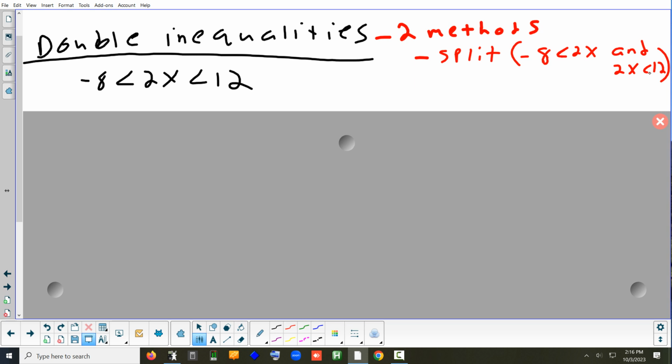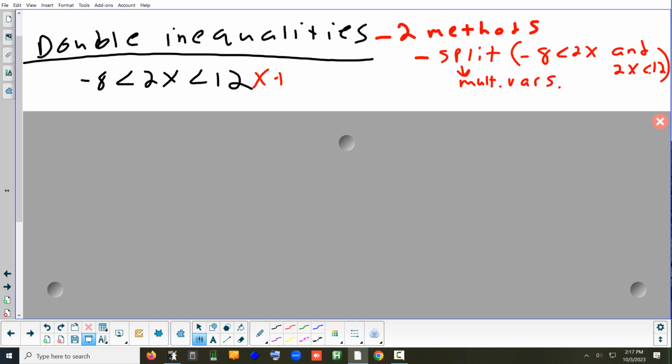But this problem, you don't have to split it. The only time you have to split it is when you have multiple variables. That's the only time you need to split it. What would multiple variables look like?